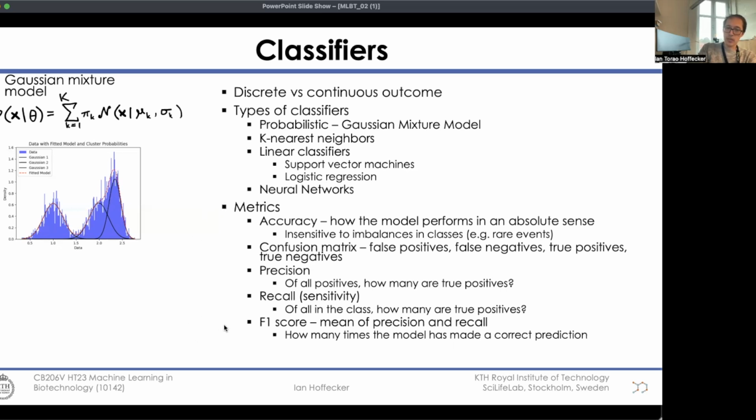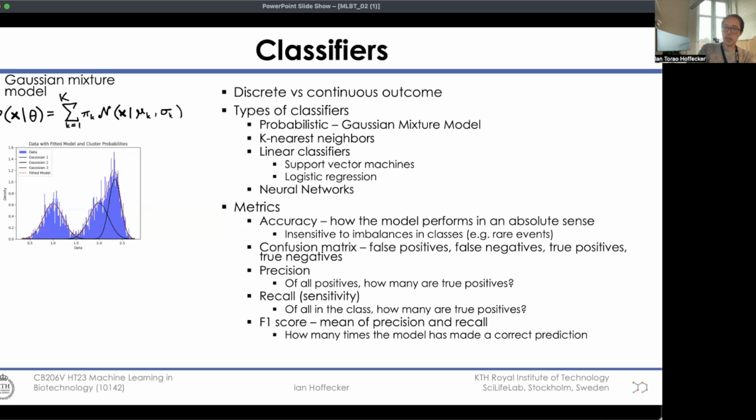And along with classification algorithms, we have metrics to gauge their performance. One of the most straightforward metrics is the accuracy, which is fairly intuitive, but this has the issue that it's insensitive to imbalances in your training data.